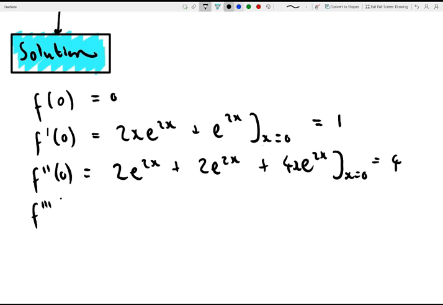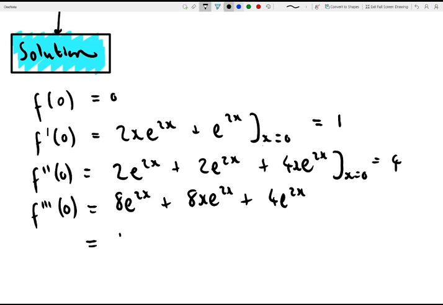And then the third derivative of f evaluated at 0, we get 8 e to the 2x plus 8x e to the 2x plus 4 e to the 2x. And let's simplify that to 12e to the 2x plus 8x e to the 2x, and evaluate at 0, and that gives us 12.